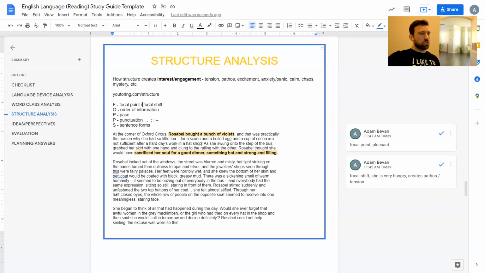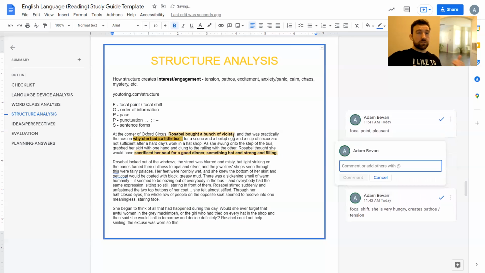The other thing I would comment on in this one, anytime you see an unusual piece of punctuation, just think about it for a second, because there's a good chance that it's there for an interesting reason. So the reason why she had so little tea, hyphen, yeah, that is also something that you can identify as punctuation.